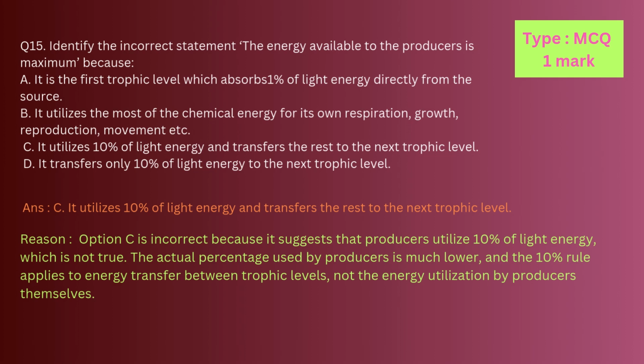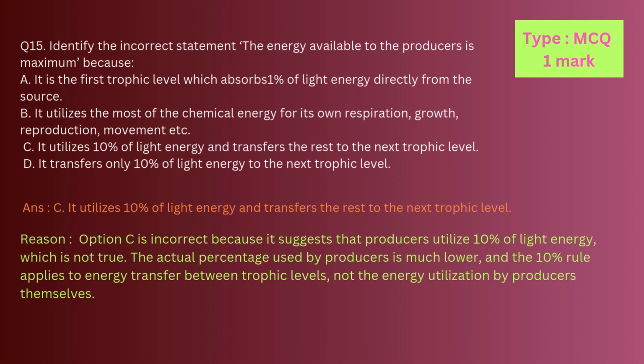Option B is also true because producers utilize the majority of the absorbed energy for their own metabolism, like respiration, growth, etc. Option D is also true because it refers to the 10% energy transfer rule that applies to the transfer of energy between trophic levels in the food chain, that is from producers to herbivores and so on. So it's an established rule, and that statement is also correct.